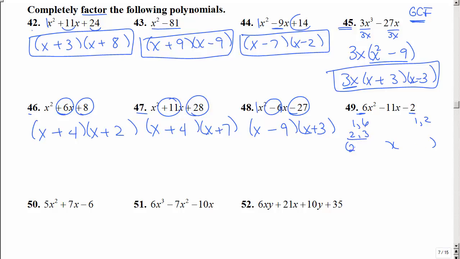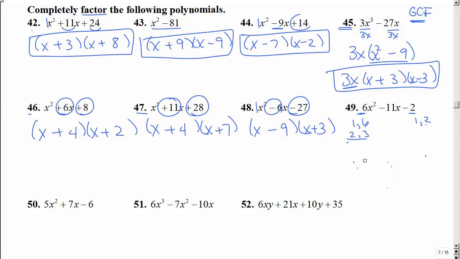So if I try 2 and 3, I know my 2 can't go with the 2, so I put the 1 there and the 2 there. And I'm just going to try it out. So this is 3x, that's 4x, that is not 11x. So I know that is not right. So I'm going to try again.